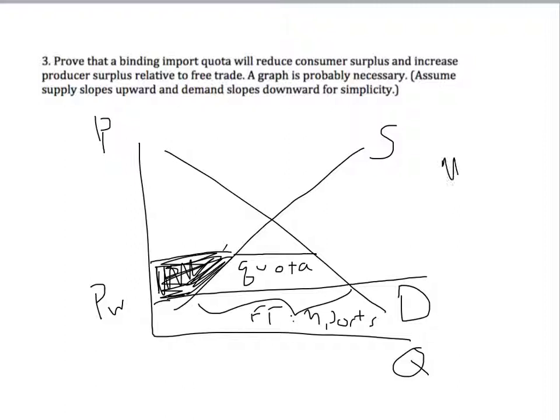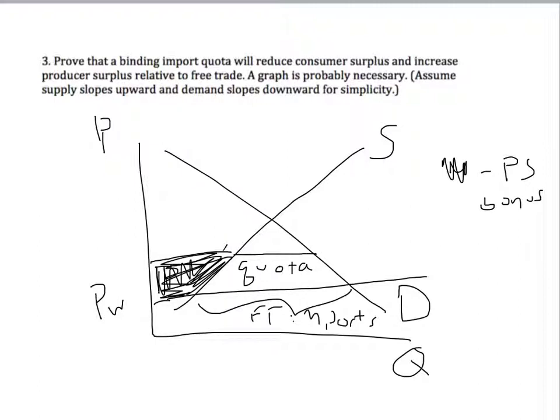So this shaded area is the increase in PS. So I'll call that the producer surplus bonus. And it represents a decrease in consumer surplus. There's actually a bigger decrease, right? All of this that I could shade in that's labeled quota is also a decrease in consumer surplus. So we can see just by looking at this black area that CS clearly decreased, PS clearly increased.